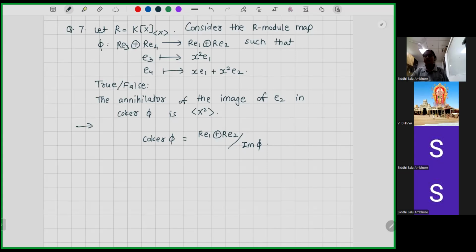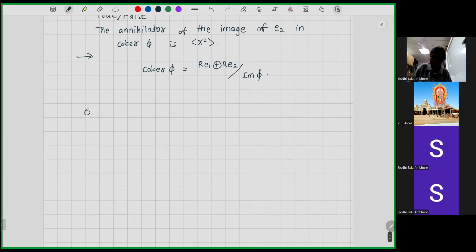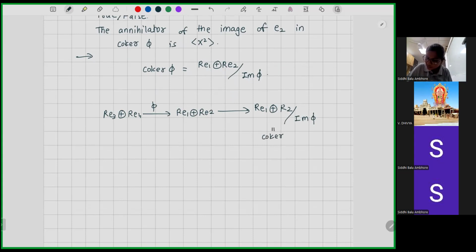And what we want to check is the annihilator of the image of e2 in the co-kernel of phi. So what we have so far is this map: R e3 plus R e4 going to R e1 plus R e2, right? This is my map phi. And now I have this map from R e1 plus R e2 quotiented by the image of phi, which is nothing but the co-kernel of phi.